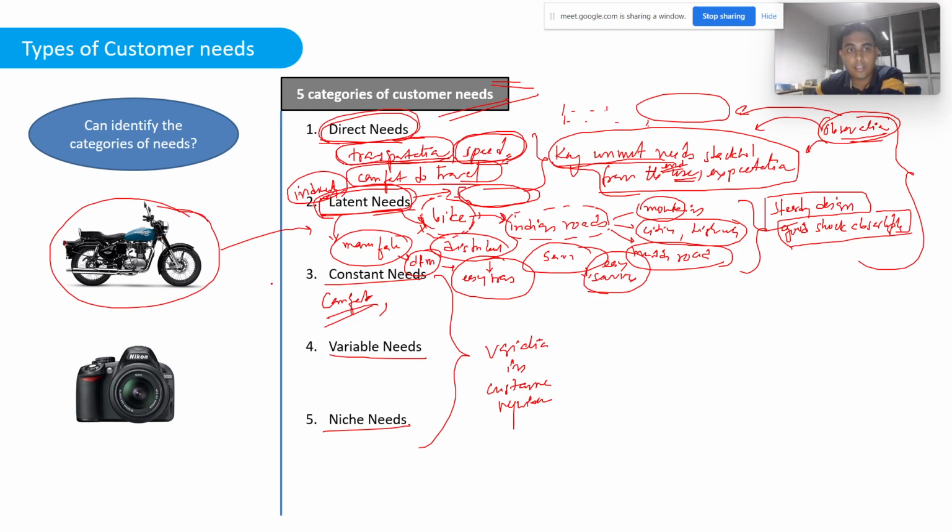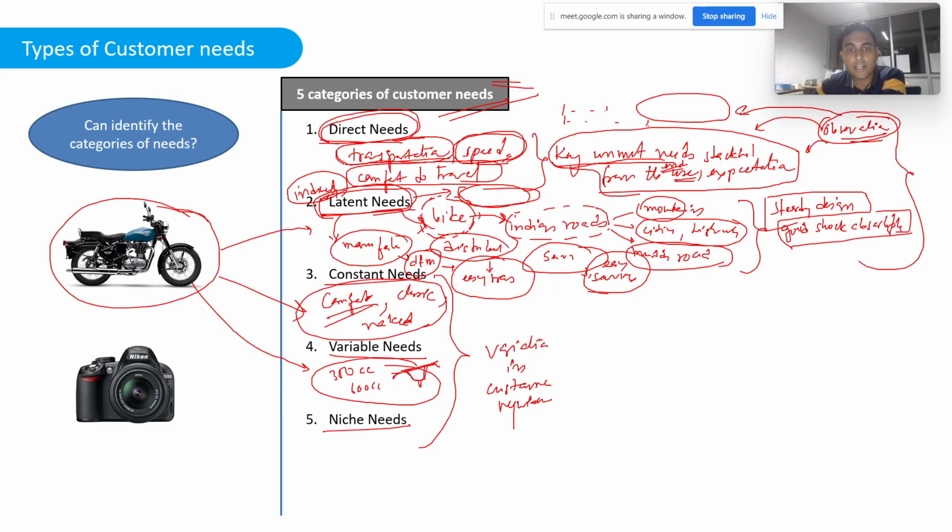If it is a classic bike, it should look classic, with this kind of naked look. So these are constant needs for a classic bike. What are variable needs? Someone may like a 350cc engine, someone may go for a 600cc engine. Someone needs a high-rise handlebar, someone needs more of a racing sort of handlebar.